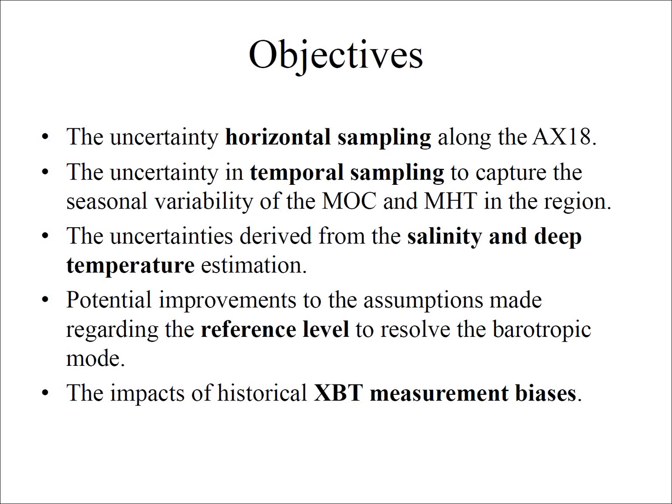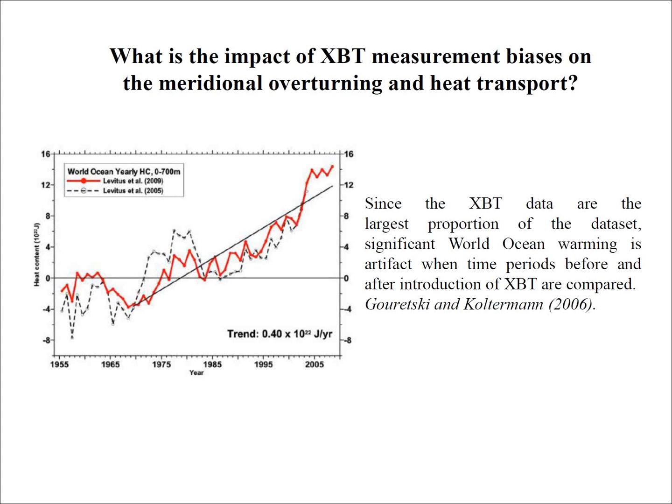Then the salinity and deep temperature estimation, and the reference levels, especially on the barotropic part of the geostrophic approximation. And the last point is how the XBT measurement biases could affect the estimate.